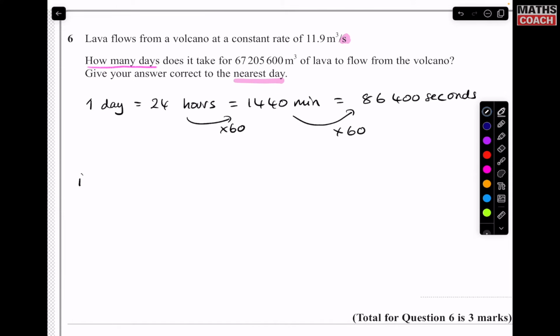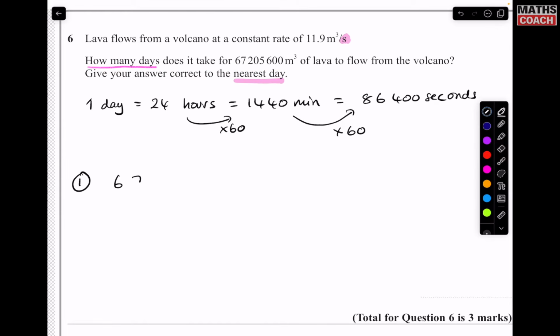Now our first step after that would be what? We need to work out the rate of flow. If we want to get this much lava flowing from the volcano and work out how many days it takes, we're going to need to divide by the rate it is flowing at, which is 11.9.